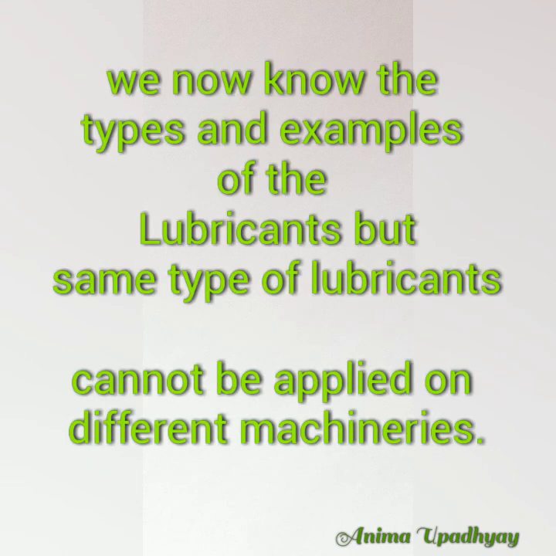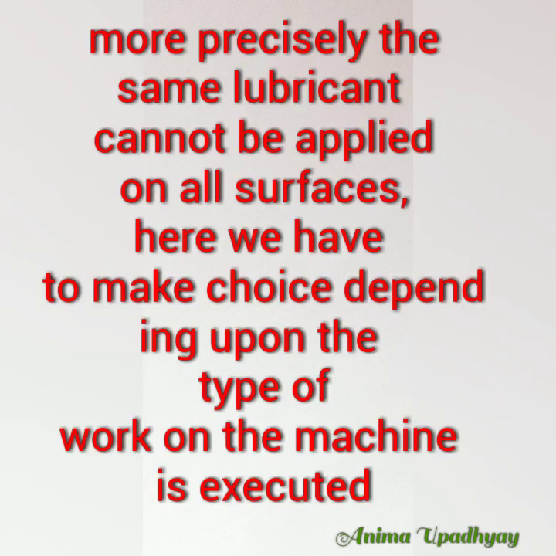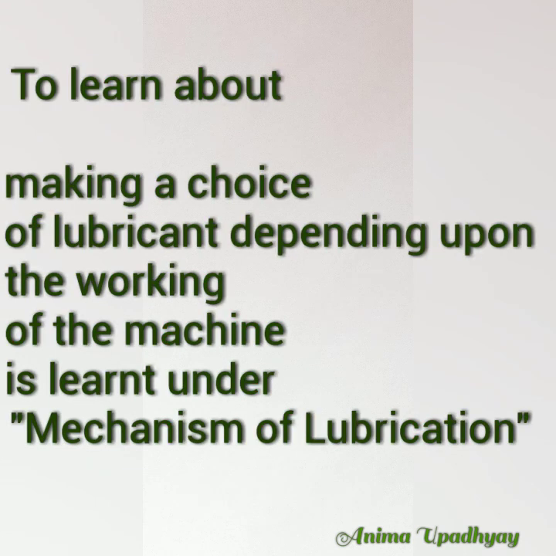We now know the types and examples of the lubricants, but the same type of lubricant cannot be applied on different machines. More precisely, the same lubricant cannot be applied on all surfaces. Here we have to make a choice depending upon the type of work the machine executes.